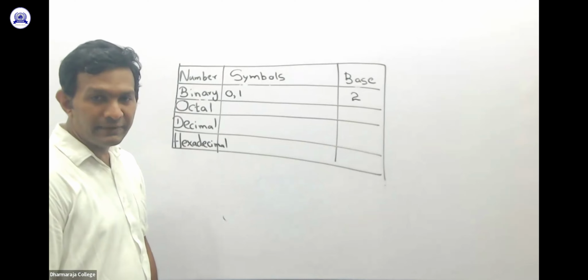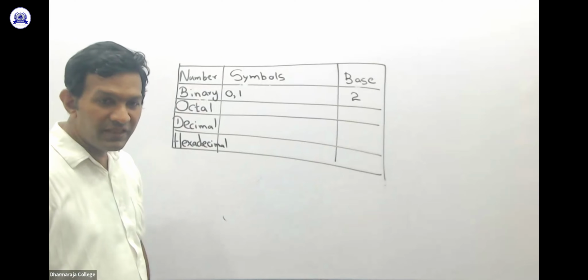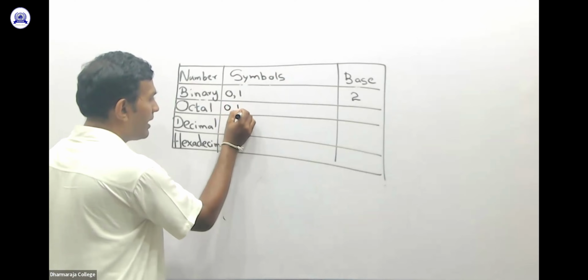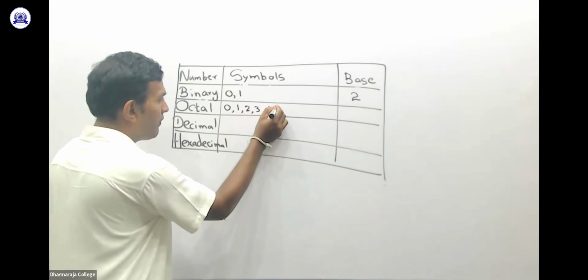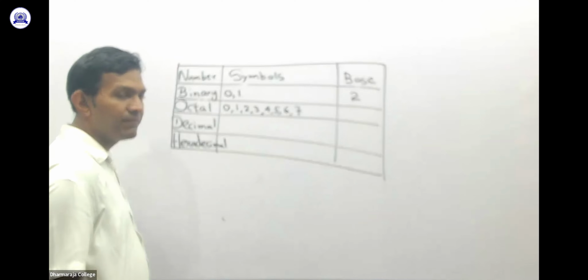In octal numbers, we have 0, 1, 2, 3, 4, 5, 6, 7.